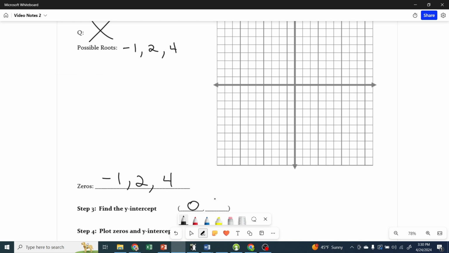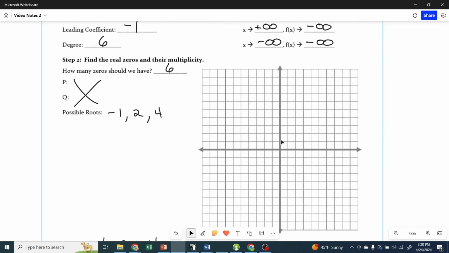And this is at 0, 16. Okay, so we're going to come back up here, and because we don't have 16 places on this graph, we only go up to +10 on the y-axis, we're going to scale it by 2. So I'm going to go right up here, 8 up, and that's going to be 0, 16 right there. But we're going to keep our x scale the same. So we have -1, 2, and 4.